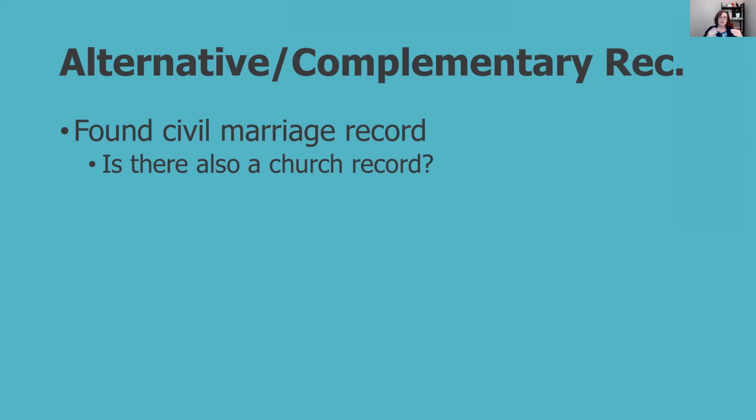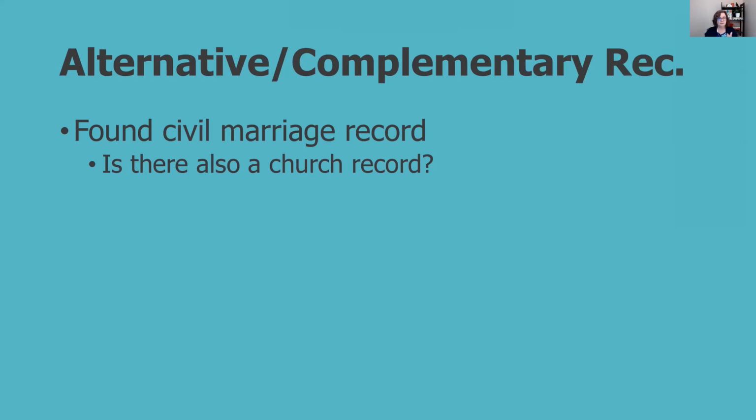But just because you found this record at the courthouse, could that church record, that alternative or complementary record, have more information than what you found at the courthouse? It might include the names of the parents, even if the civil marriage record doesn't.